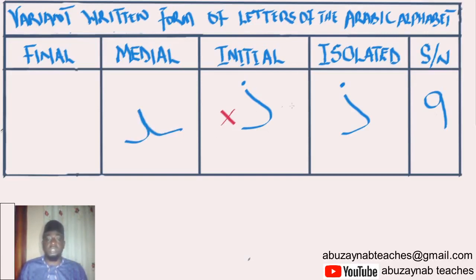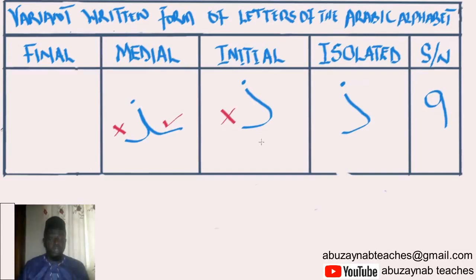So this is the verb, can be joined to a succeeding letter but cannot be joined to a preceding letter. The final form of letter vowel is written this way. Letter vowel can be joined to a preceding letter.